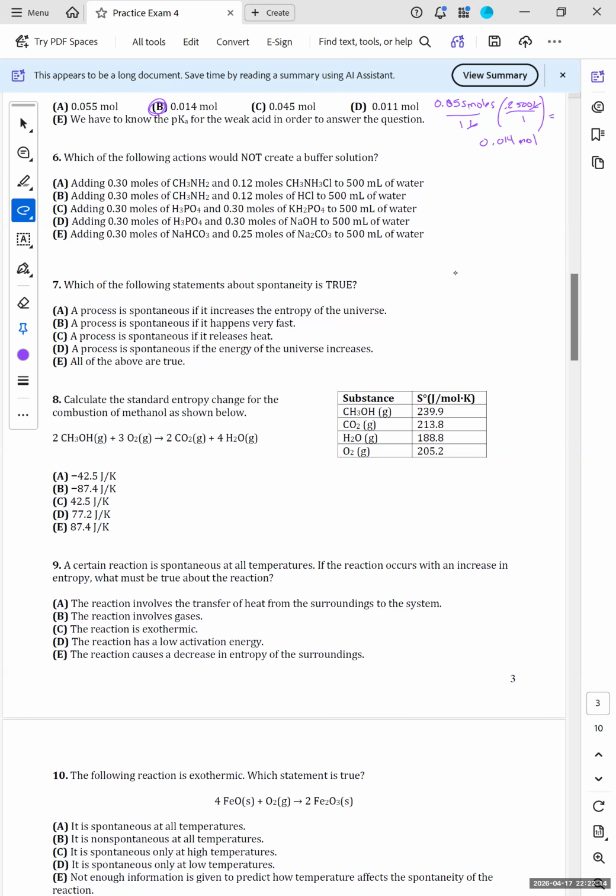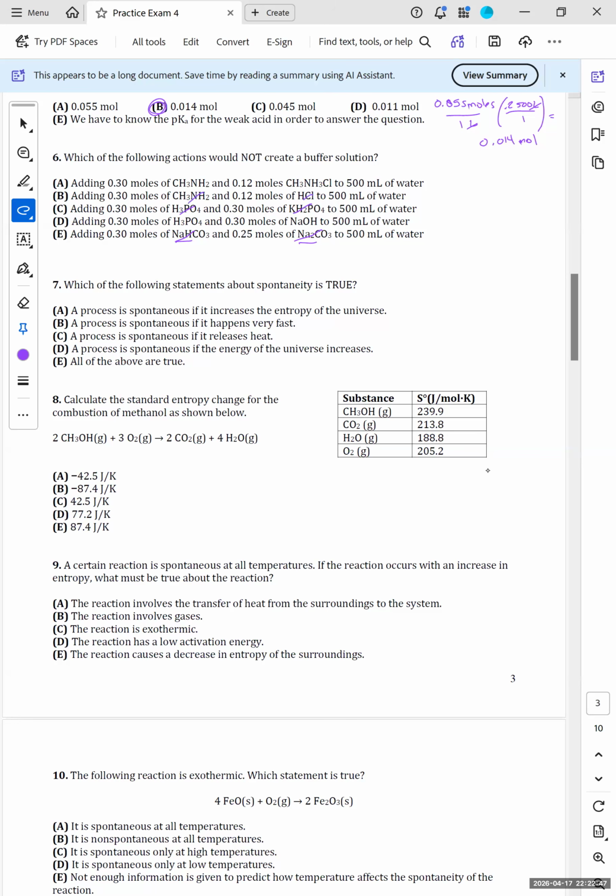This doesn't make sense. This and this doesn't make sense. I'm going to throw this out. KH2PO4, this doesn't really make sense to me.